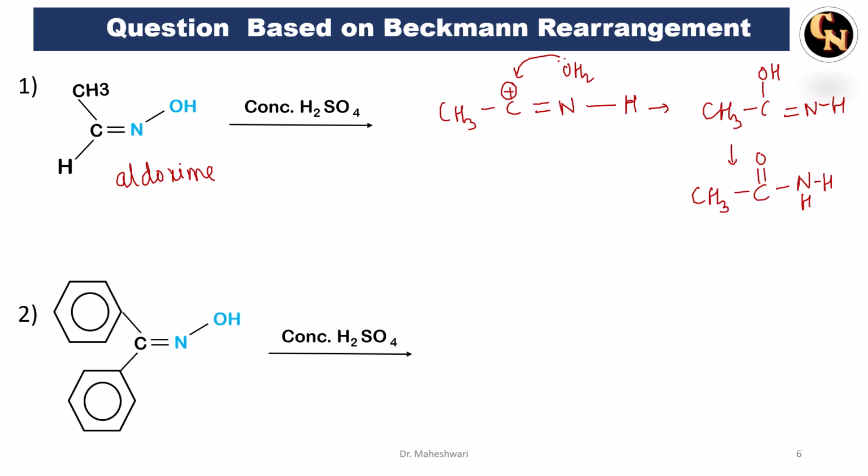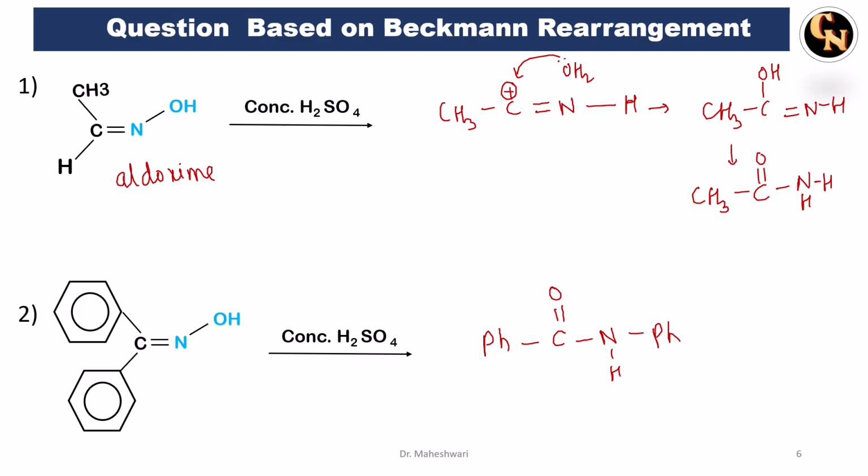Now tell me the second one. What is the product we are going to get for the second? Directly we will write the product now. There are two phenyl rings. So phenyl rings, I can write as Ph also. Instead of showing the phenyl rings here, I'll show it with Ph. Ph C double bond N Ph and H. Okay, so this is your N-substituted amide after Beckmann rearrangement.